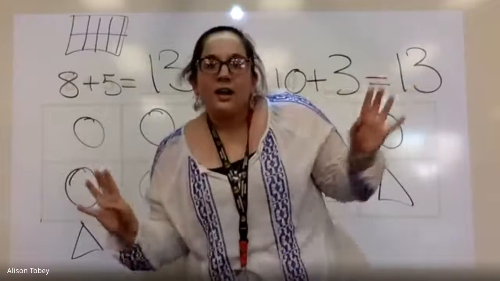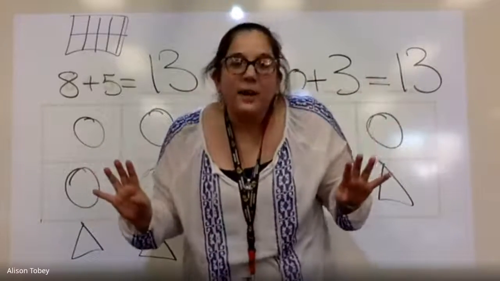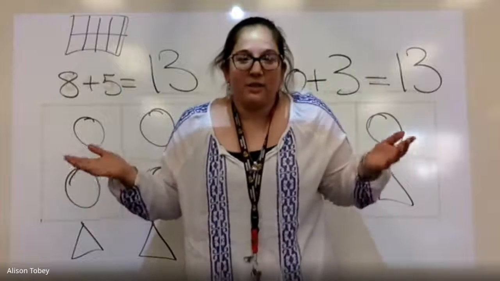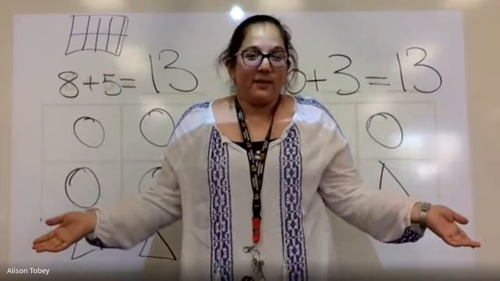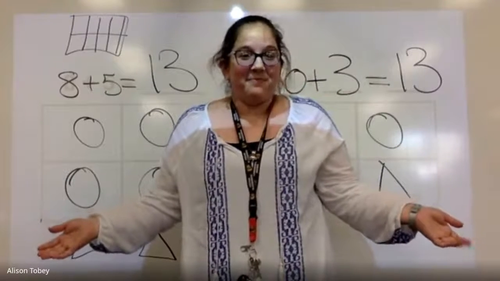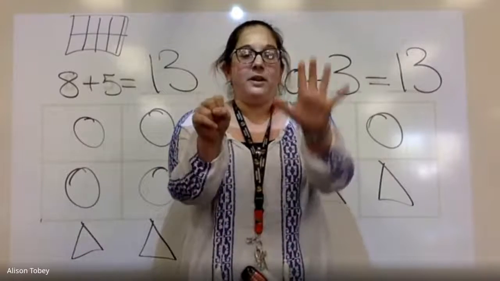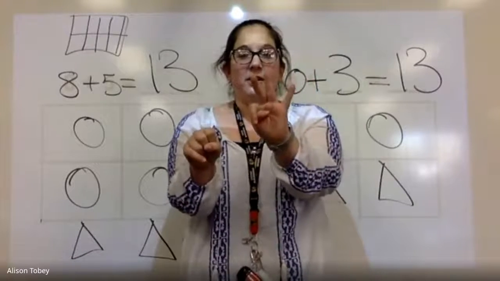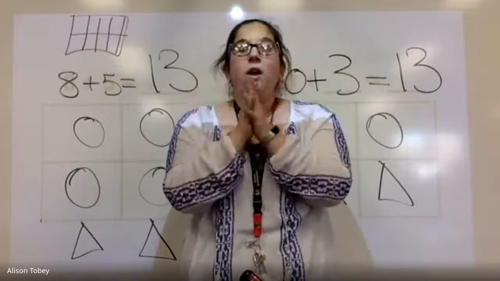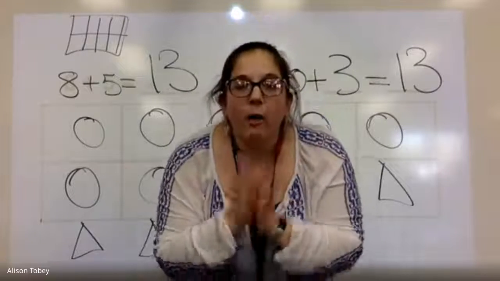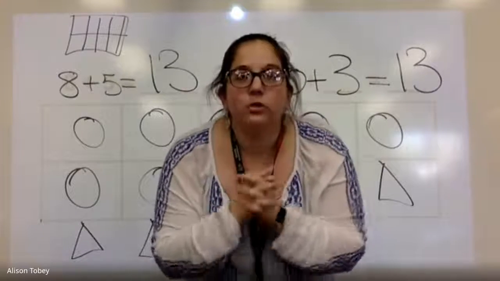It does not. Show me with your fingers. What is 6 minus 3? What is it? Show me. 3. If I have 6 and I go 1, 2, 3, I'm left with 3.